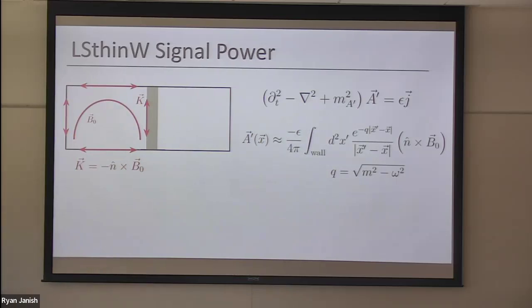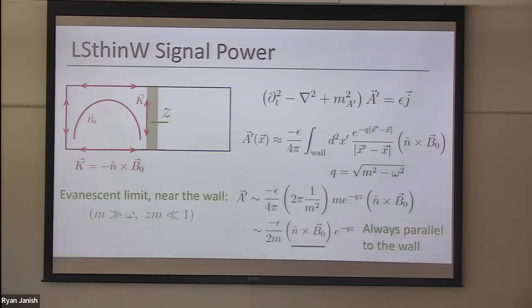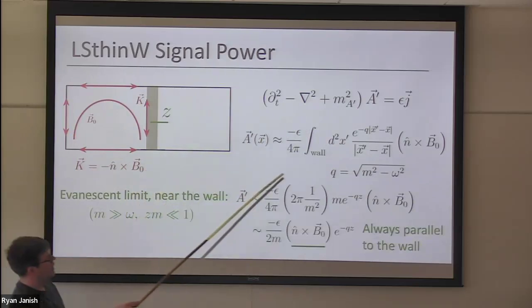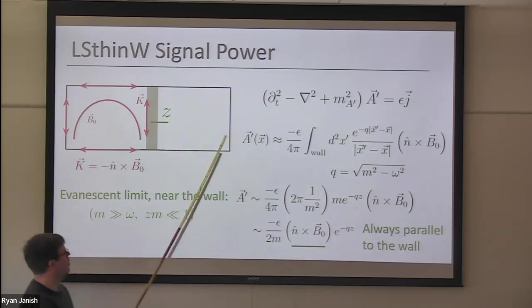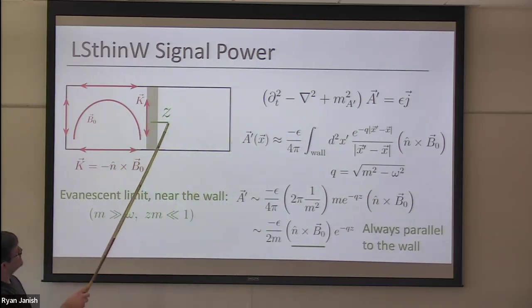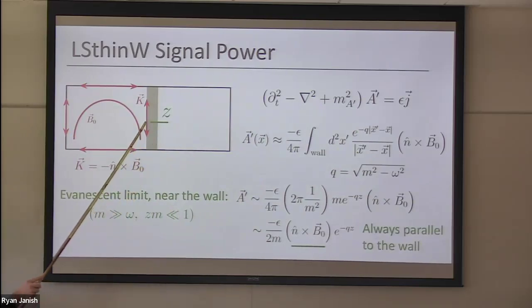And this integral in the evanescent limit is actually very easy to estimate, because the propagator in the Green's function is this exponential suppression. So if I want to ask what the effective current is here, the only part of the integral that really contributes is this closest piece right here. So that simplifies the integral.